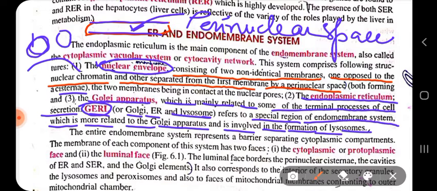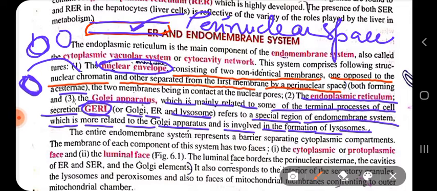Well, a lysosome is a structure found inside the cell which contains various hydrolytic enzymes. It has an acidic pH, and for the formation of lysosomes, the Golgi apparatus is involved.